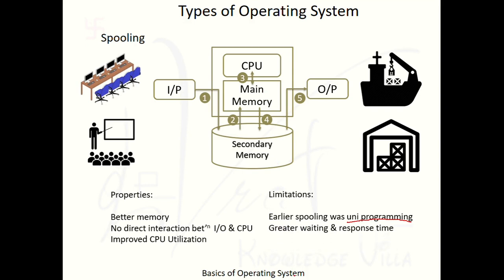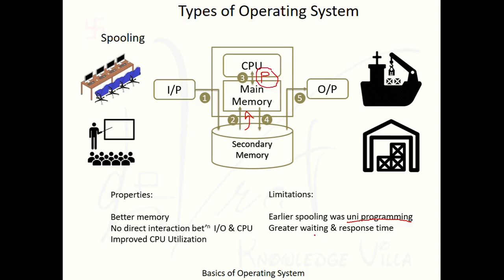Next, greater waiting and response time. It means whenever one process or program is in execution, the remaining processes are waiting for their turn. The next process or program has to wait till the completion of the current ongoing process.